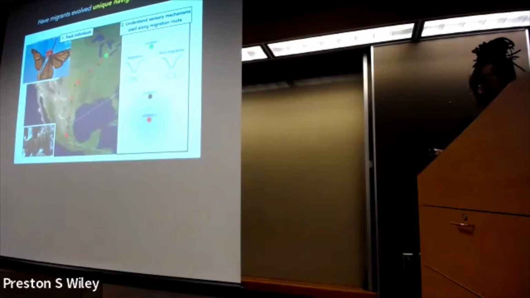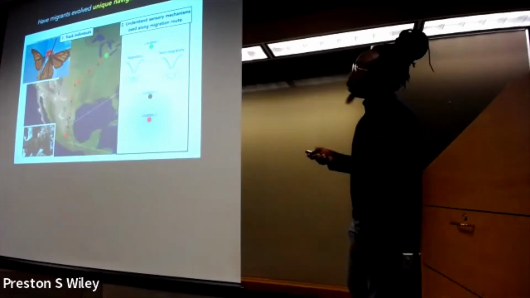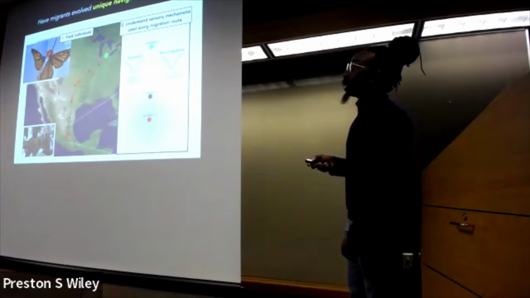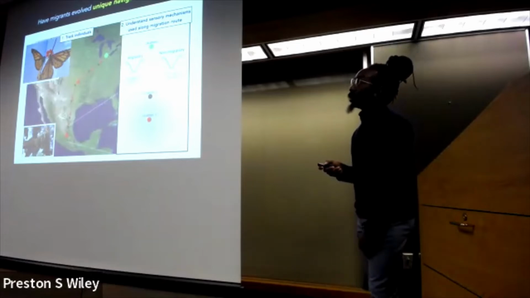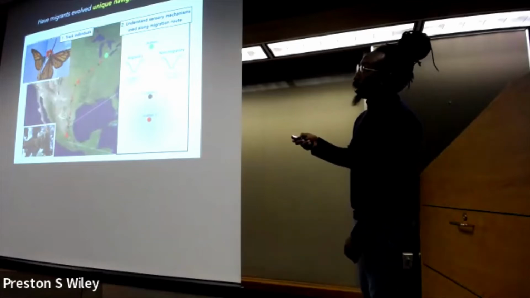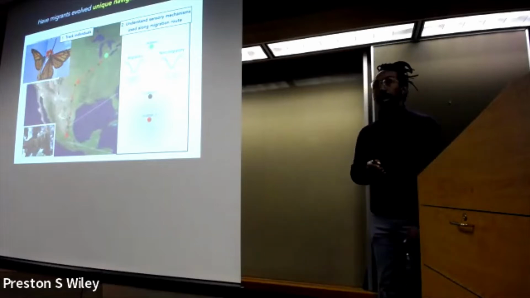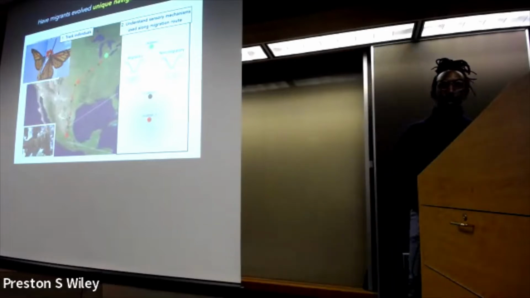Okay. So this is the basic idea of what we are trying to do. We'll tag them somewhere in their northern range. Of course, the goal will eventually be in Michigan, but we've just done a pilot where we've tagged them in San Antonio, and they'll fly down. We are going to meet them in Mexico in December.